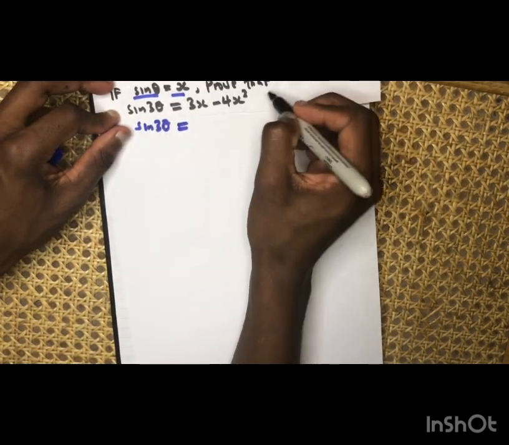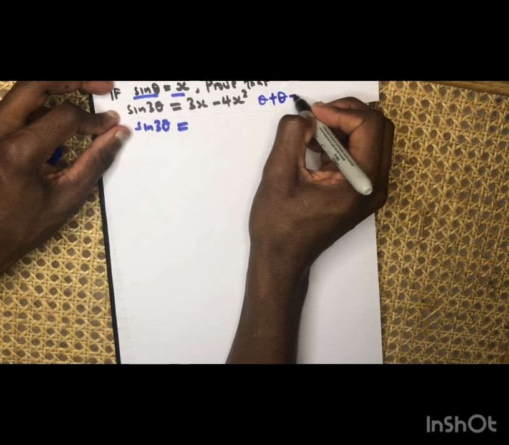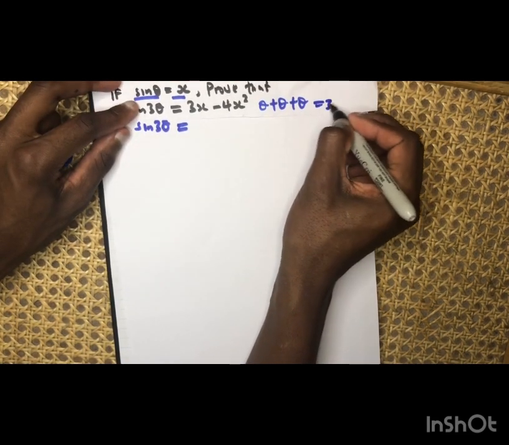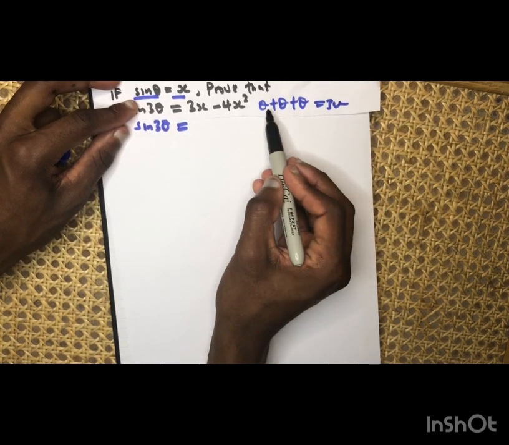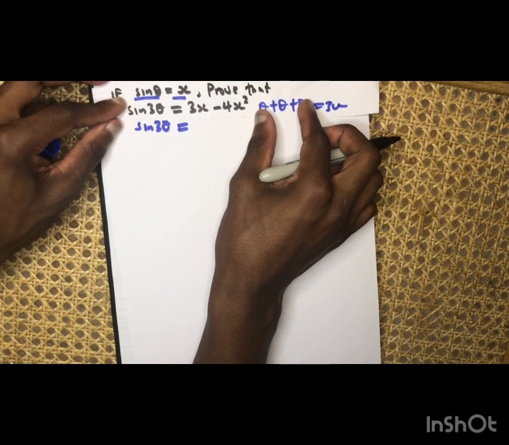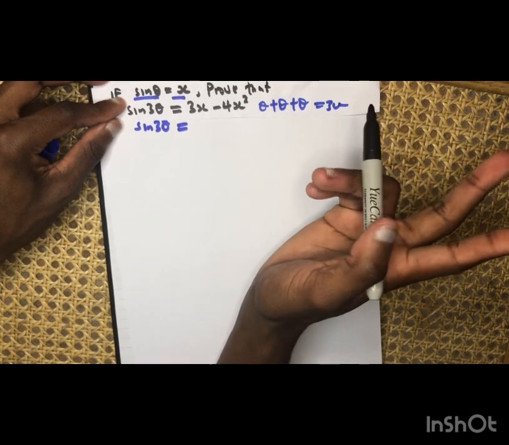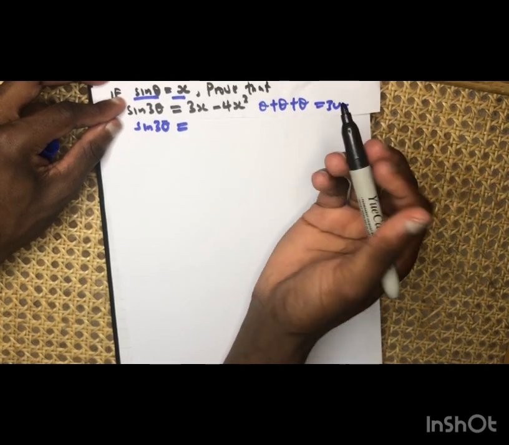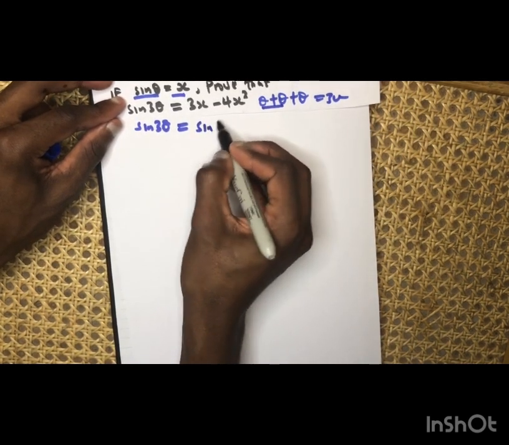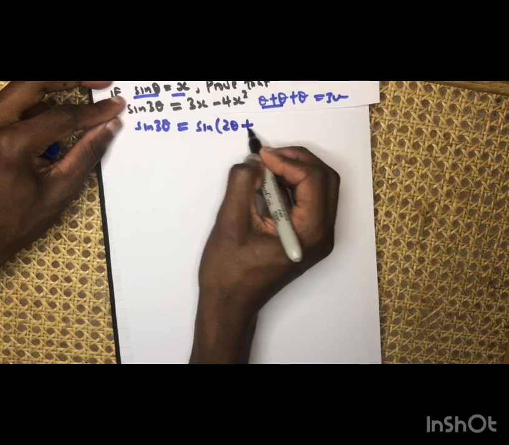We know that theta plus theta plus theta will give us 3 theta. But I don't want to add 3 angles. Remember your compound angles. Your compound angle is formed by adding 2 or subtracting 2 angles. So I'm going to make this one to be 1 angle. So I'm going to have sine 2 theta plus theta.